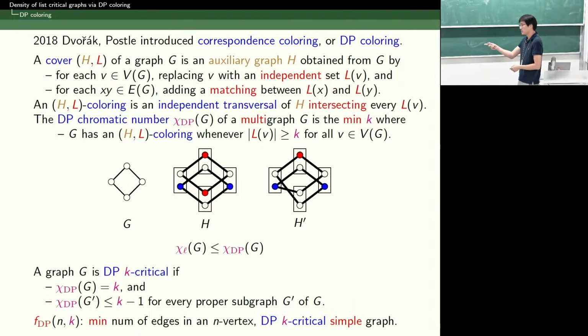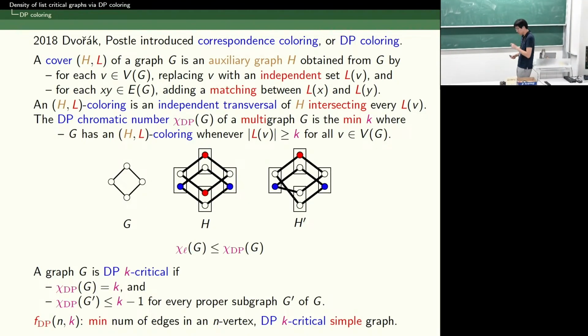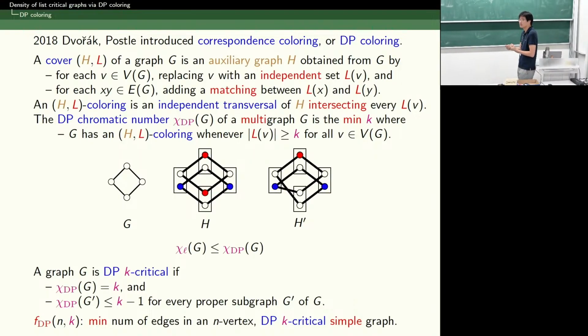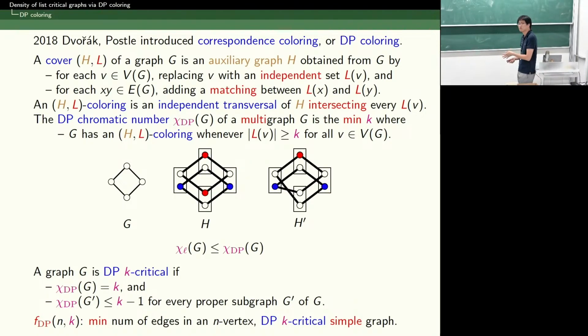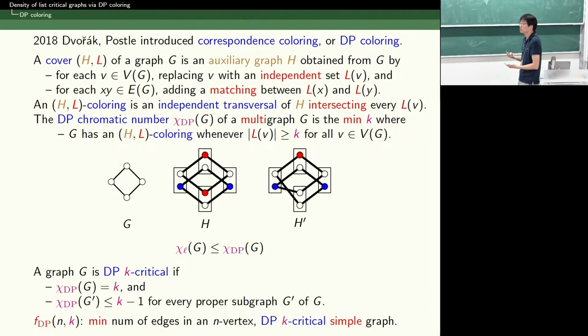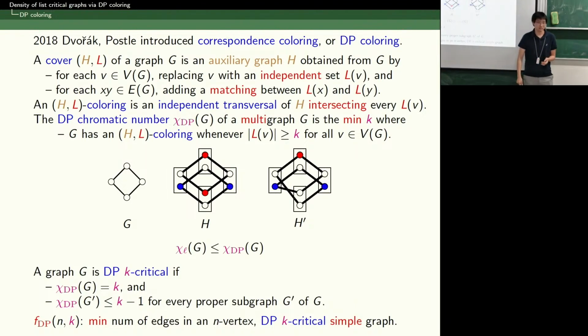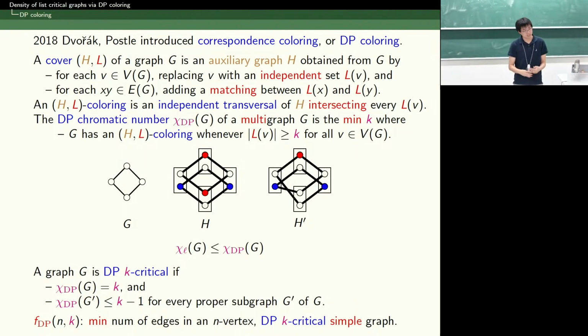But here in DP coloring, if the multiplicity between two vertices is m, then by definition, which I skipped, the definition says for every edge in your original graph, you will add a matching between the corresponding color pairs. So if you have a parallel edge between two vertices, you will have to put two matchings. And the more matchings you put in, it becomes more restrictive, right? Because in your cover graph, you will have more edges. So for DP coloring, multigraphs are significantly different from simple graphs.